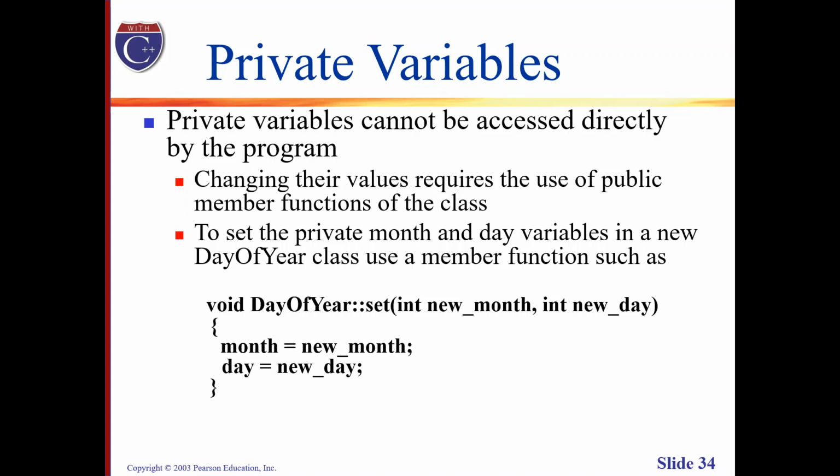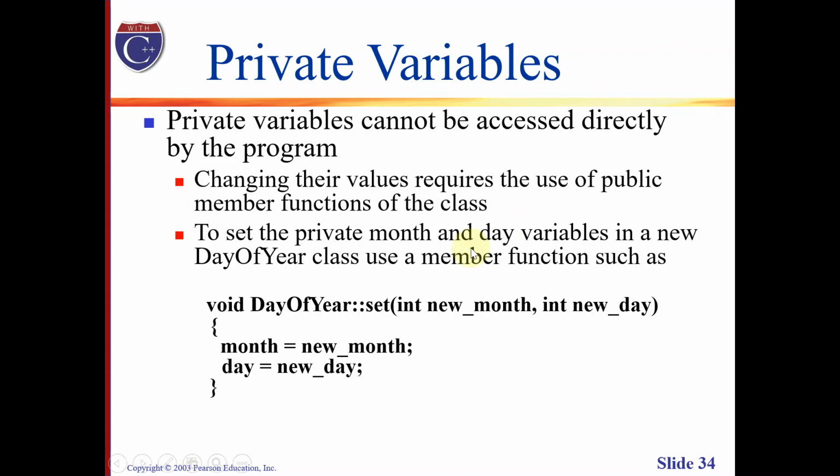Here's an example. For example, we would like to set the private variables month and day in a new class. Then we can use a member function such as this one. As we can see here, assuming that we declared month and day to be private member variables, we no longer have the ability to access them directly using the dot operator.